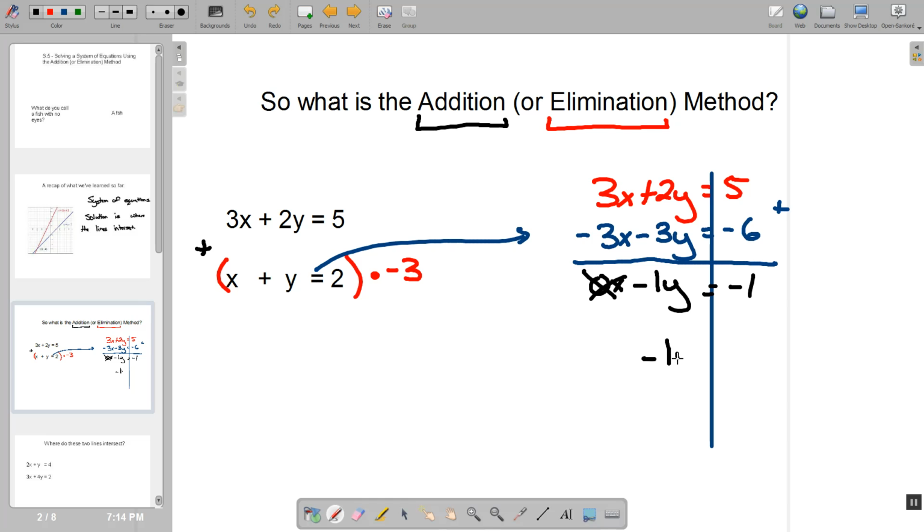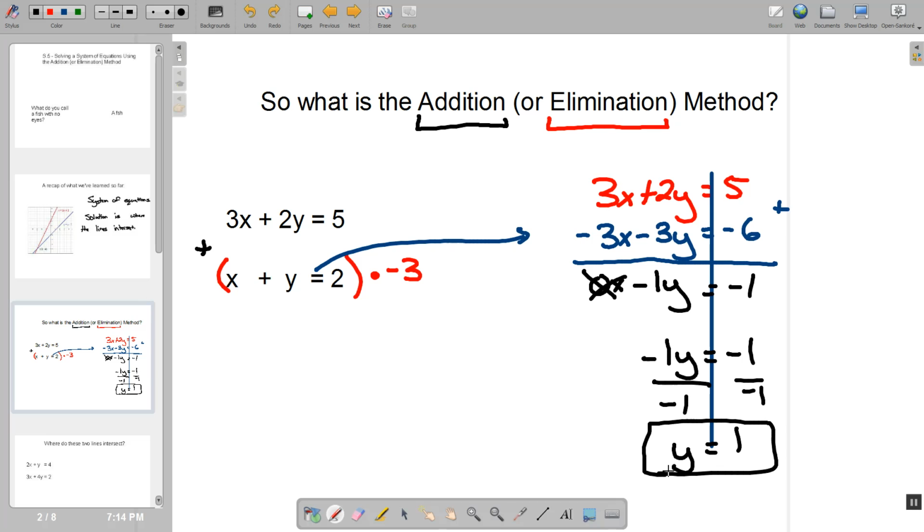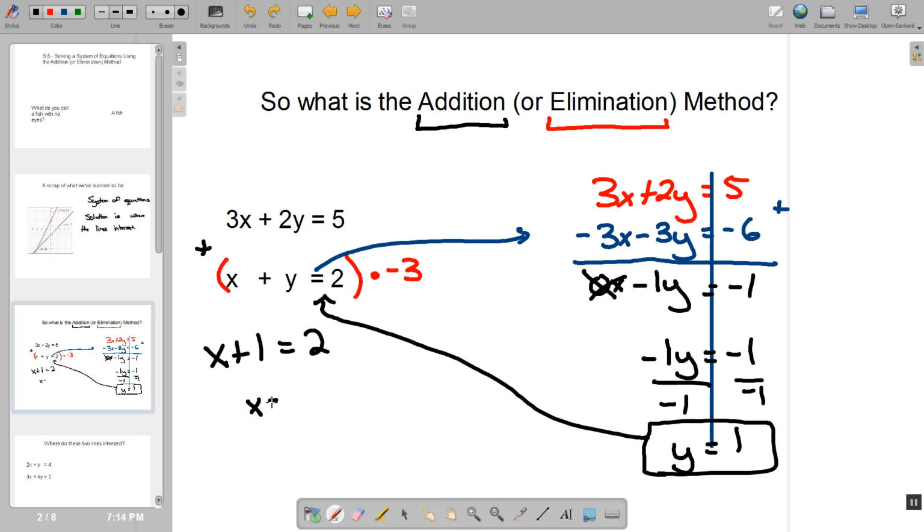So finally, we have negative 1y equals negative 1. Or, if we divide both sides by negative 1, we know that y is equal to positive 1. And because we found that, we can now find the value of x by plugging it back into any equation that we've worked with in this entire problem. I'm going to go back to this equation, and I'm going to substitute y as positive 1. So I get x plus 1 is equal to 2. Therefore, x has to be 1.